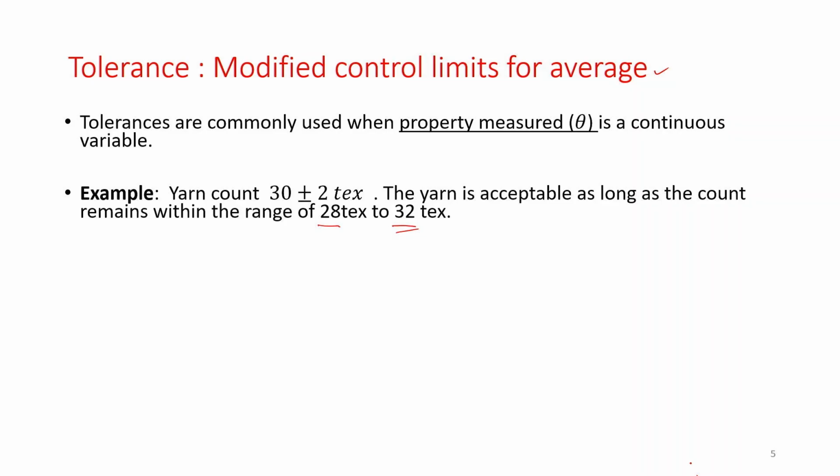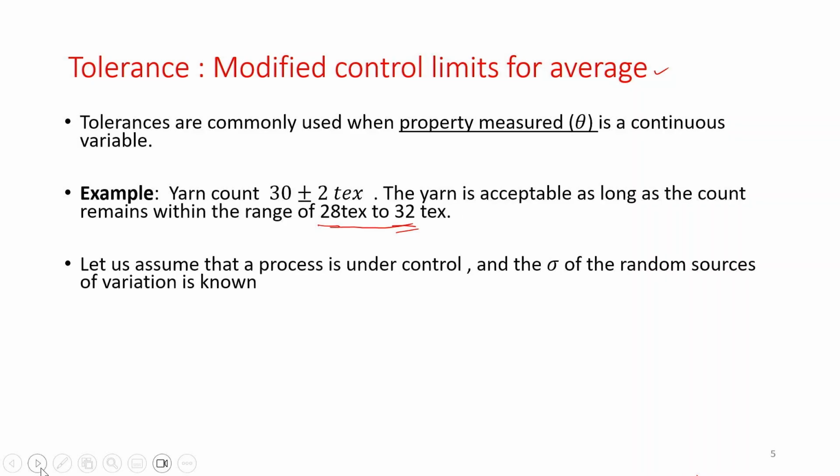So there are many reasons which can cause some amount of variation in the properties of the yarn. That is on the count part of the yarn. Therefore a tolerance, typically plus minus 2 tex, sometimes tolerance is given as plus minus 5% or 6% or 4%, and as long as that particular parameter of the product remains within this tolerance, it is generally acceptable.